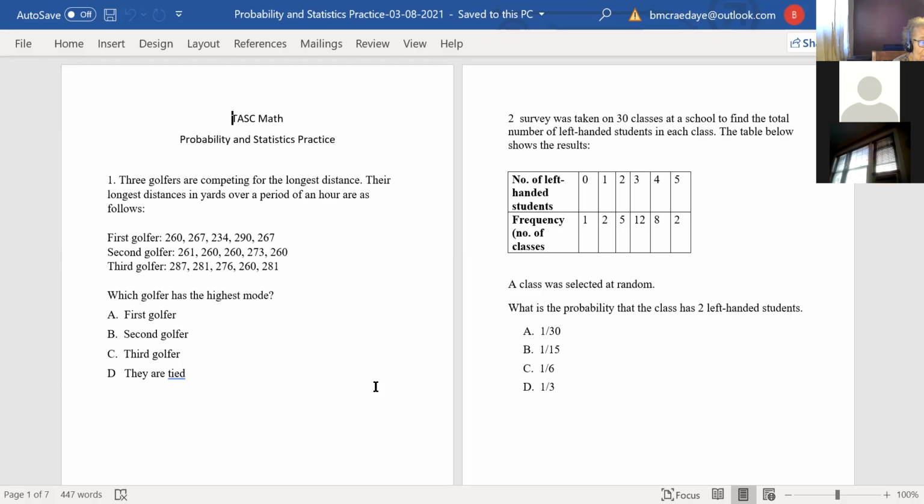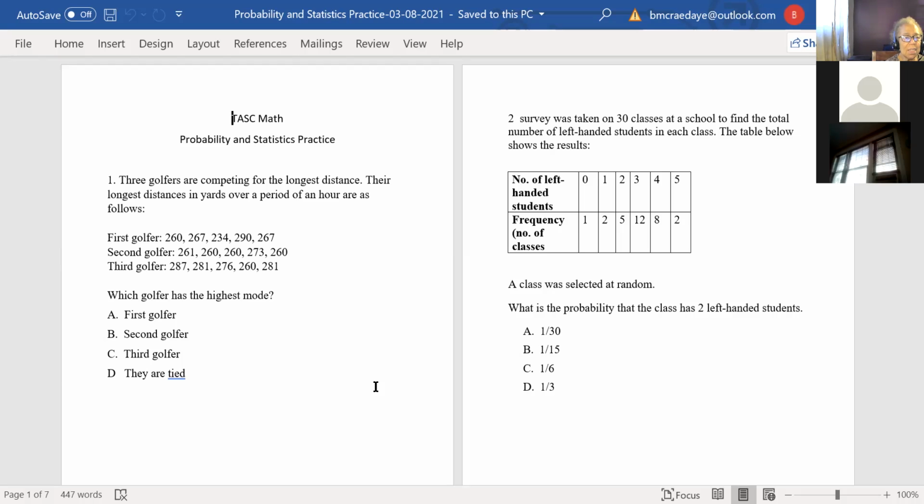So you understand what you have to put for the answer for number 1. Now, number 2. Read number 2. A survey was taken on 30 classes at a school to find the total number of left-hand students in each class.